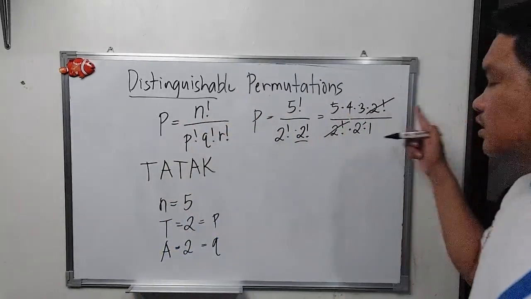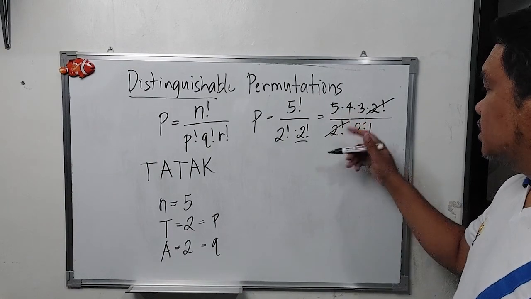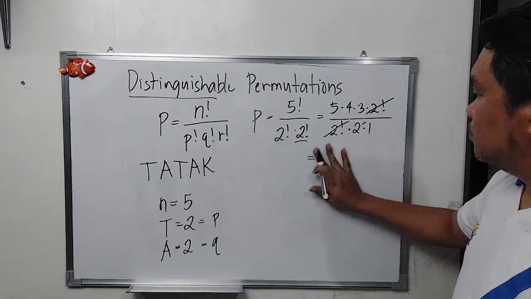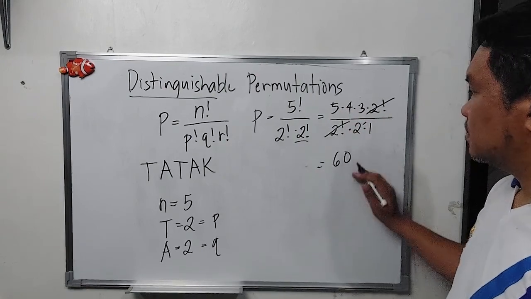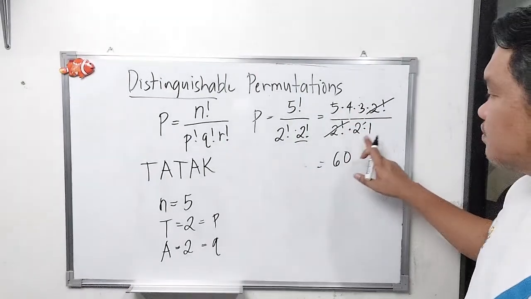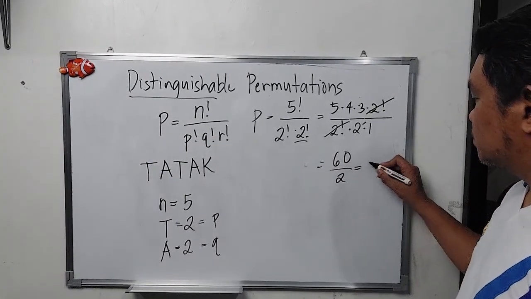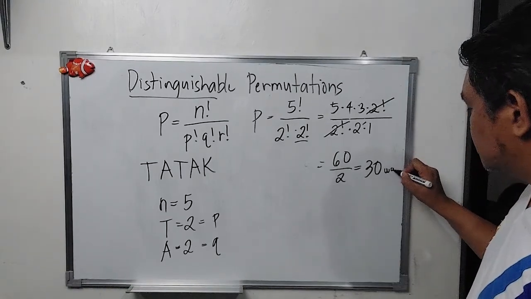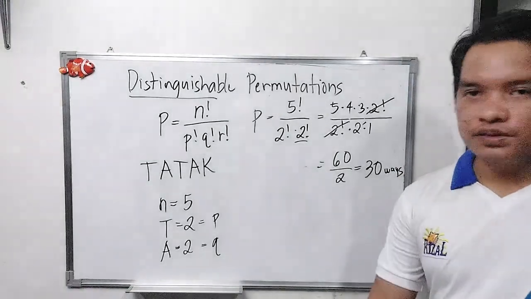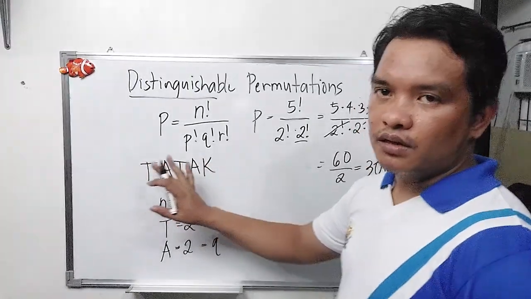We have 5 times 4 times 3. It is equal to 60. Tapos, merong 2 times 1 is 2. That is equal to 30 ways. Po. 30 ways. So, yun yung pwede nating arrangement na gawin dito.